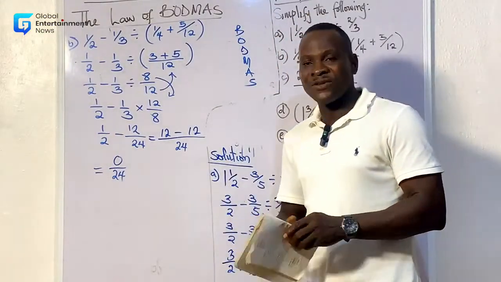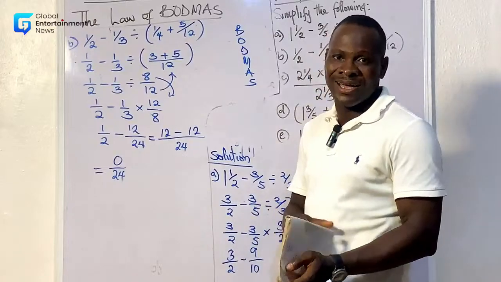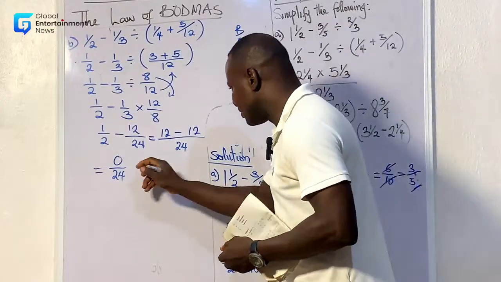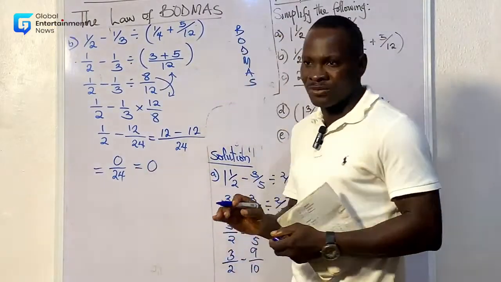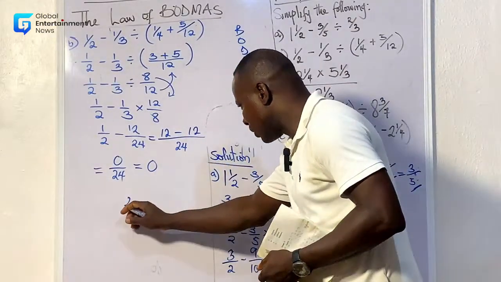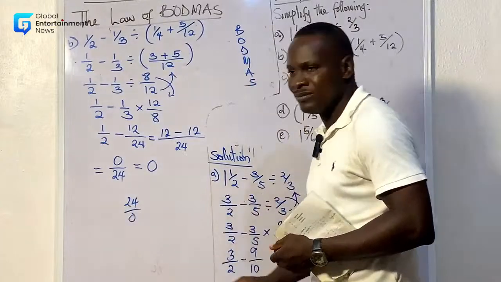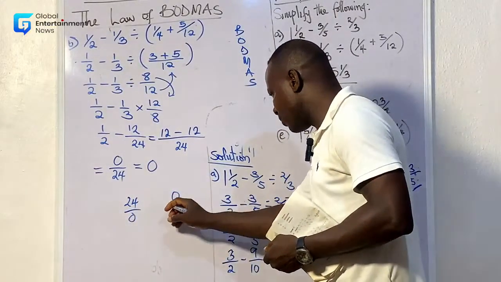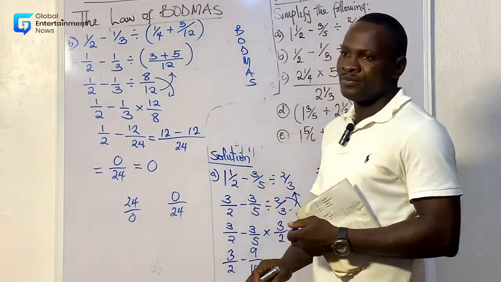0 divided by 24. What is going to be my answer? Is 0. Now, I want you to know something. Look, listen. There is a difference between 24 over 0 and 0 over 24.